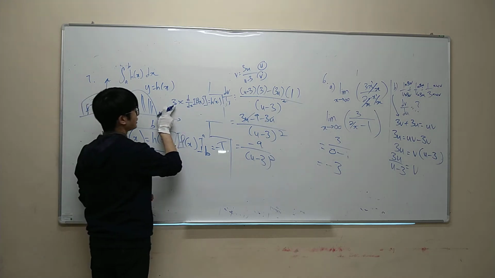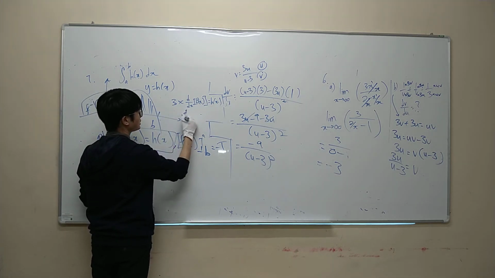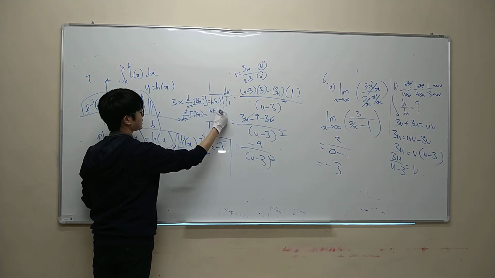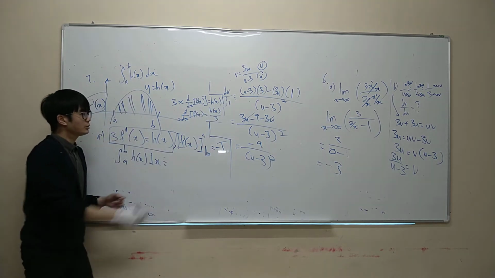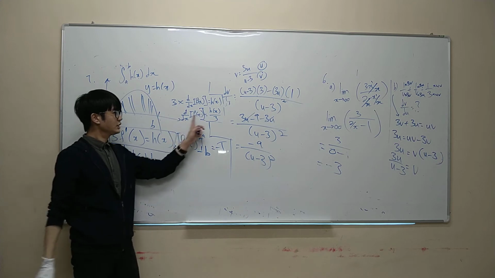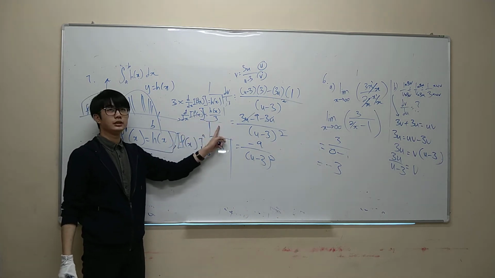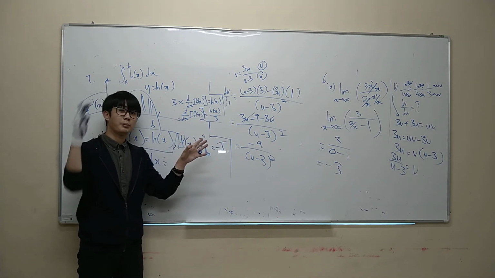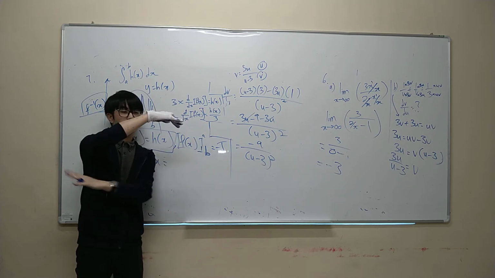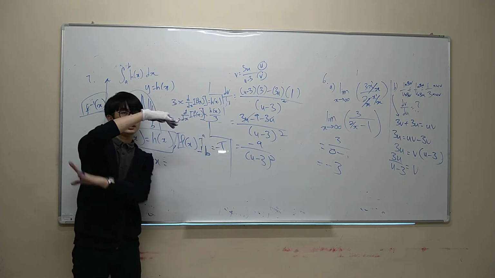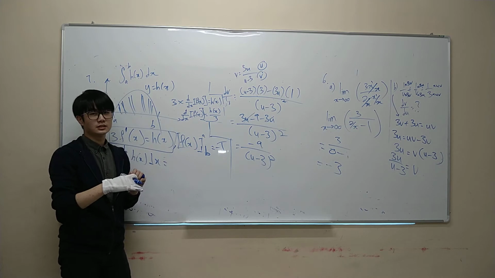So the 3 I can move over there. It becomes d dx of fx equals hx over 3. So I want to ask you something. Differentiate fx, I get hx over 3. Then integrate hx over 3, I get back fx, right?